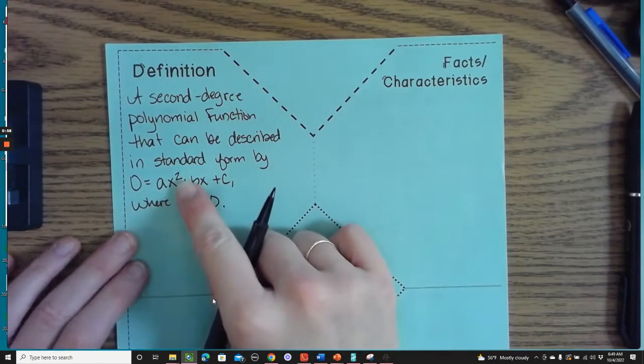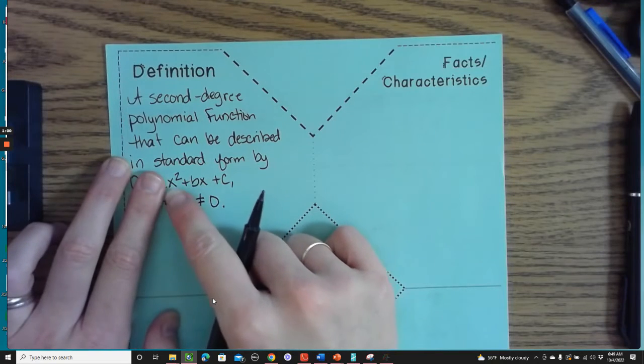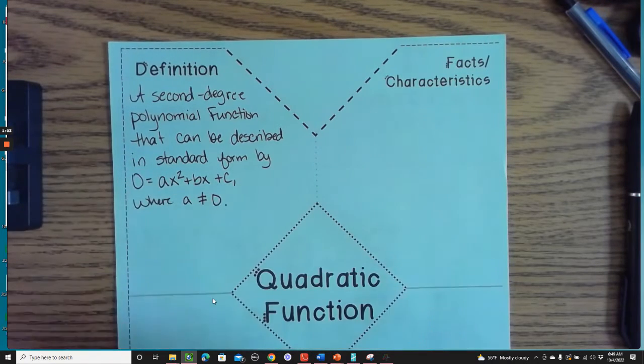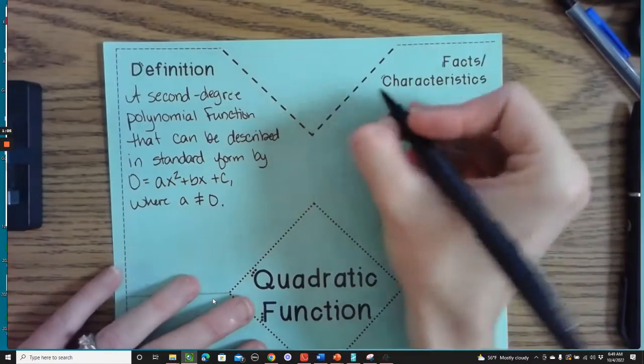So this is standard form of a quadratic equation. Something like x squared plus 2x plus 3. That's a quadratic function.